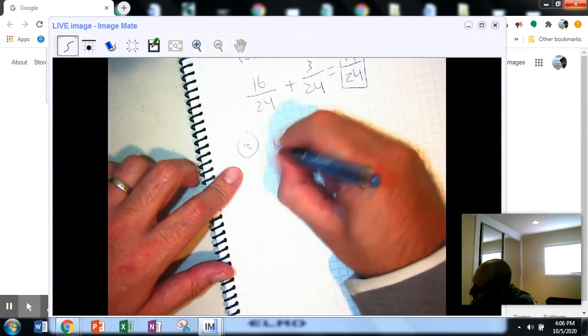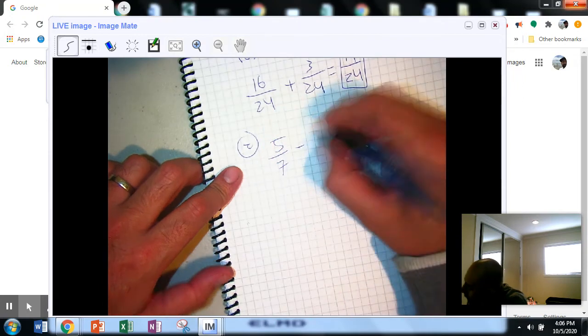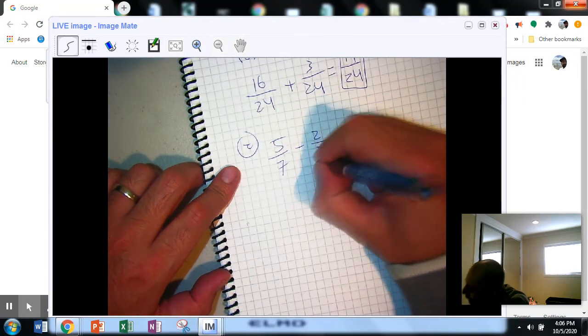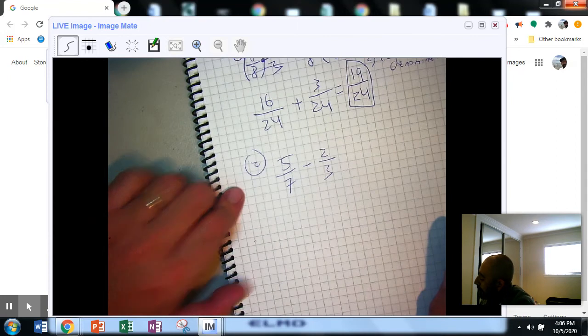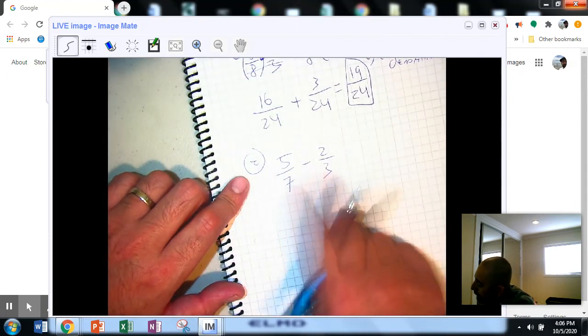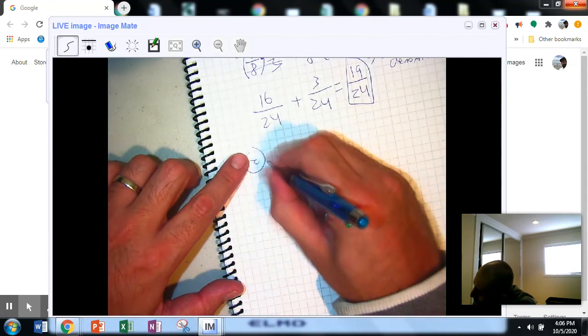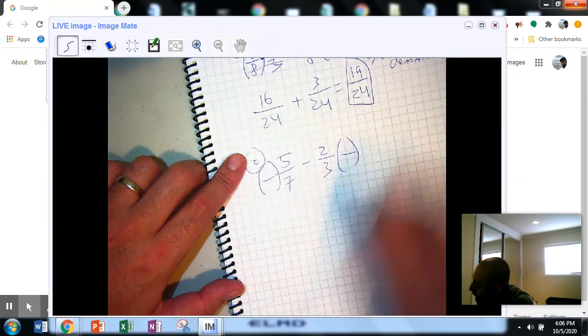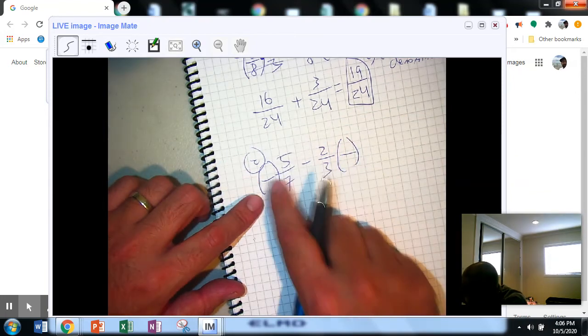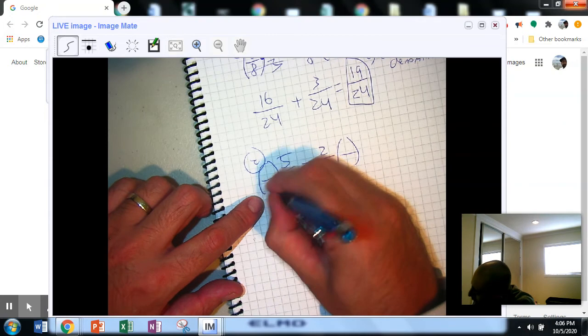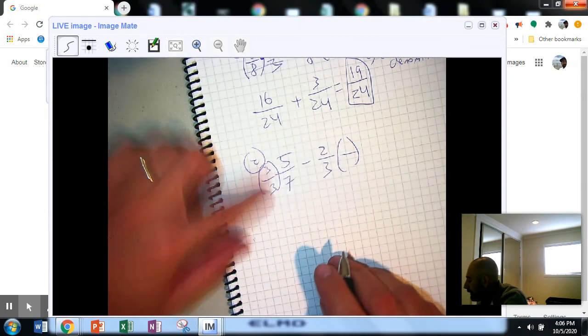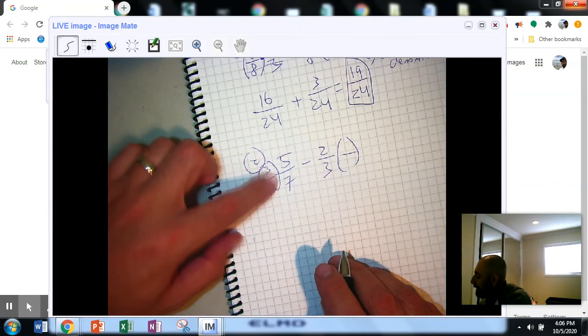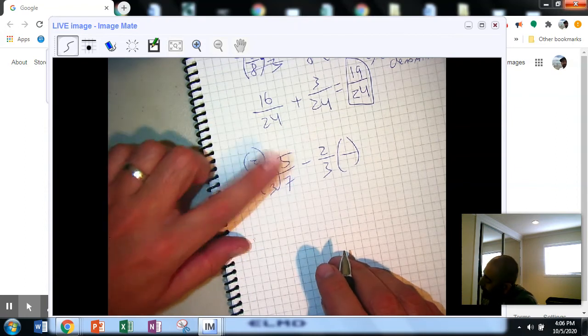Same thing when you're subtracting. Let's say 5/7 minus 2/3. Do we have the same denominator? No, we don't. So I'm going to multiply this guy by 1 and this guy by 1. Since I have a 3 here, I want this to be 7 times 3, and I put the 3 on top as well, because 3/3 is 1. 1 times 5/7 is still 5/7. It just looks different.